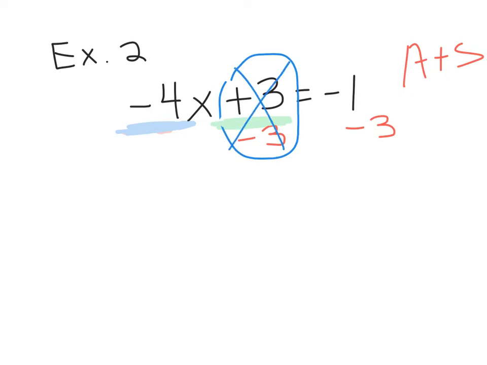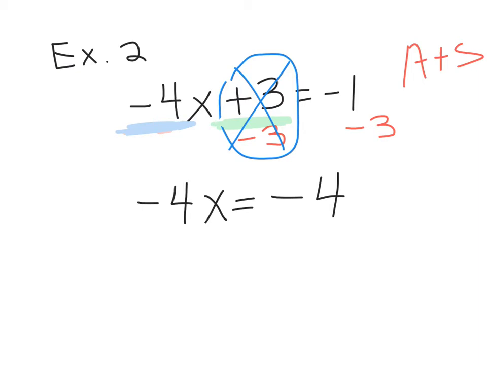And we're left with -4x is equal to, now you have to be really careful with your adding and subtracting of integers. This is -1 minus 3. So that makes, you can use your calculator if you want to, -4.